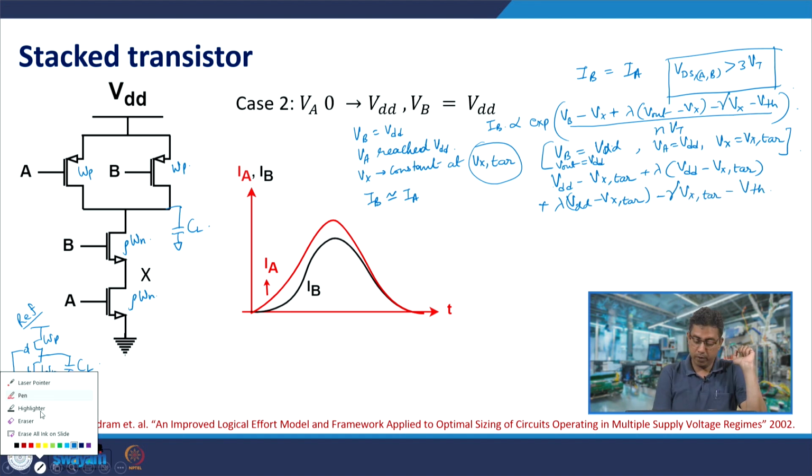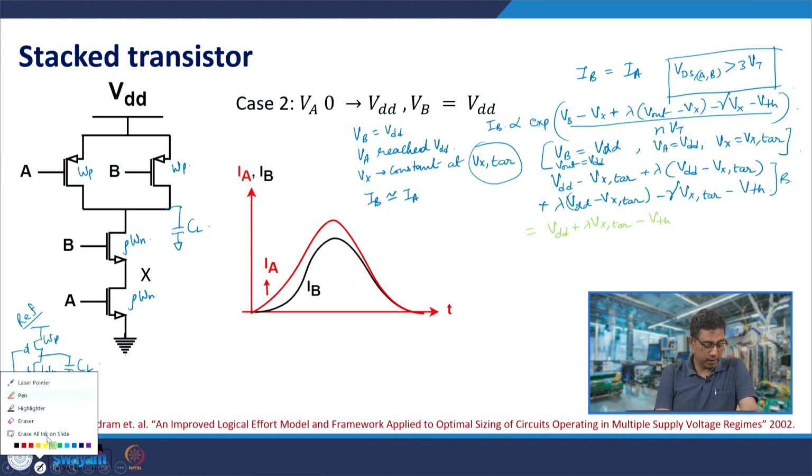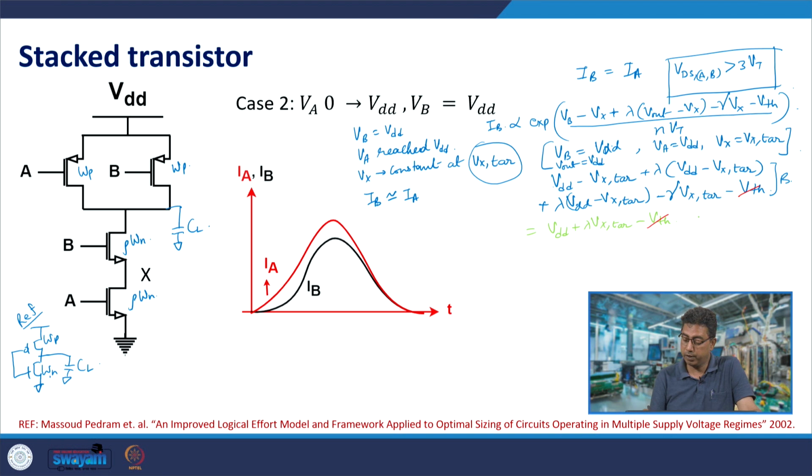This is for transistor B. Now this is equal to a similar overdrive voltage for transistor A. Va is VDD, so VDD minus source voltage, which is 0, plus lambda Vds, which is Vx target, minus gamma body effect, where source voltage is 0 here, minus VTA. Several terms would cancel out. This is for transistor A.